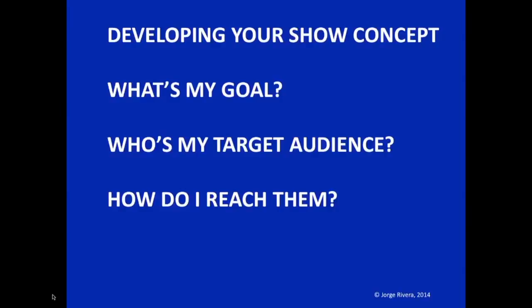It's not a one-way monologue. You're not just pumping stuff out to your audience. You're having a dialogue with them, and that dialogue will include things that have nothing to do with your show. But that's a real conversation. So that's the thing you need to understand about a successful show: as you build your audience, you're not just pumping your show out to them. You're actually having a dialogue with them.